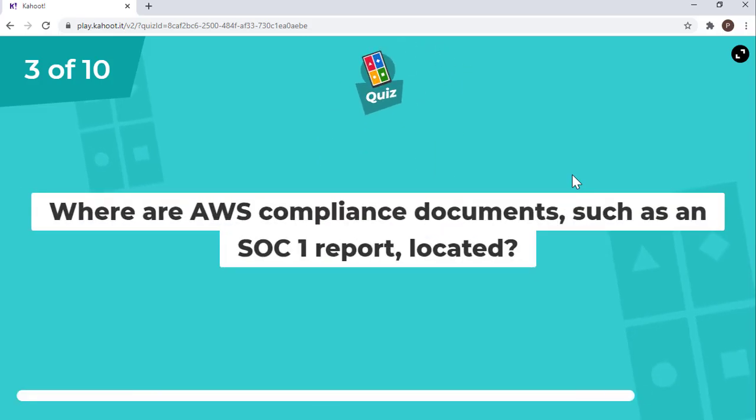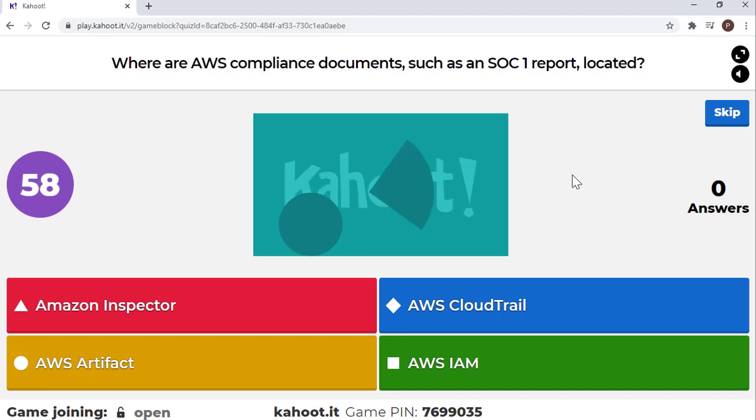Where are the AWS compliance documents such as SOC 1 reports located? Amazon Inspector, AWS CloudTrail, AWS Artifact, AWS IAM.